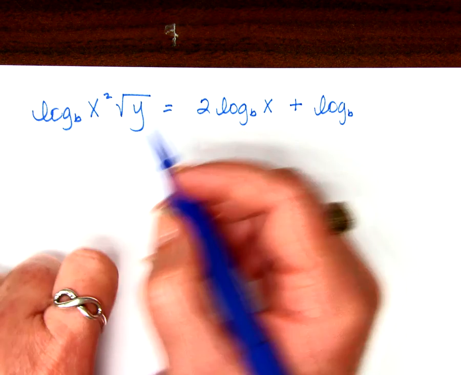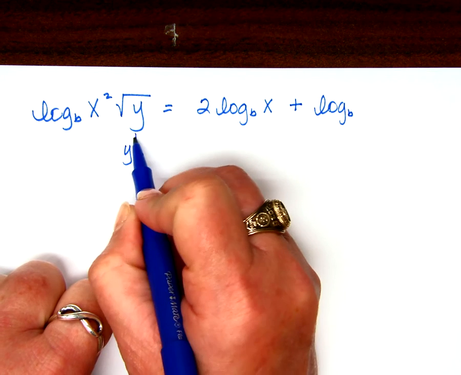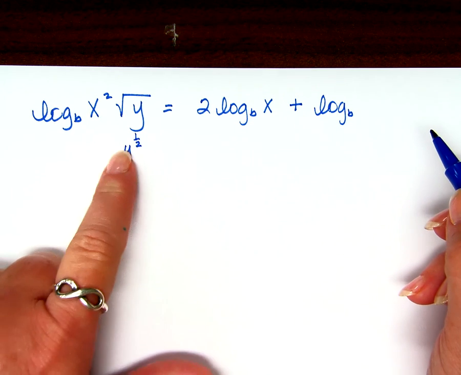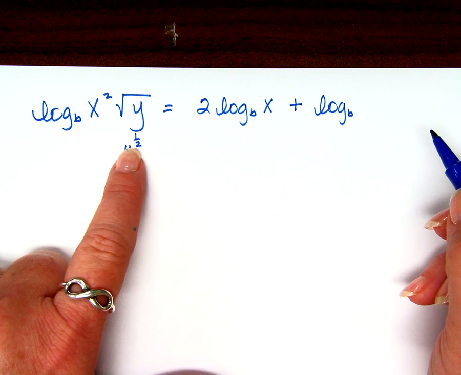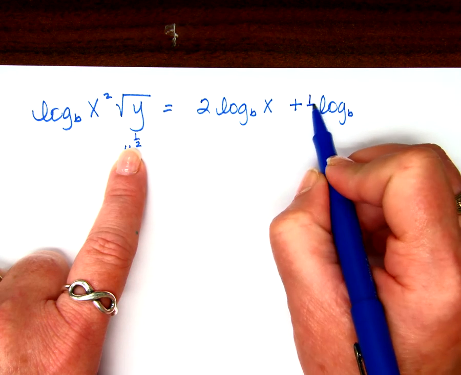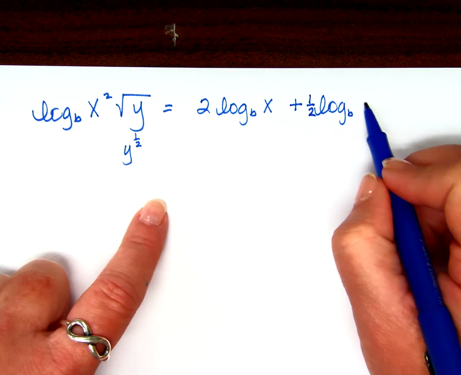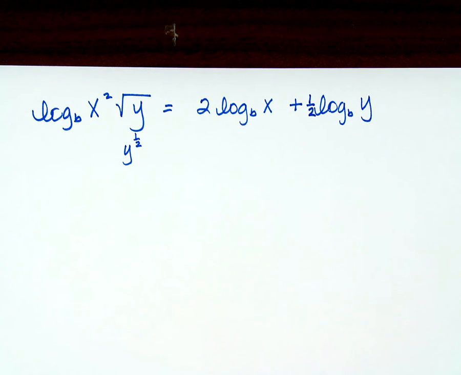What is it? Y to the 1/2, right? So what do I do with that 1/2? Where does it go? Down in front. Does that make sense? So that's the whole problem. That's done.